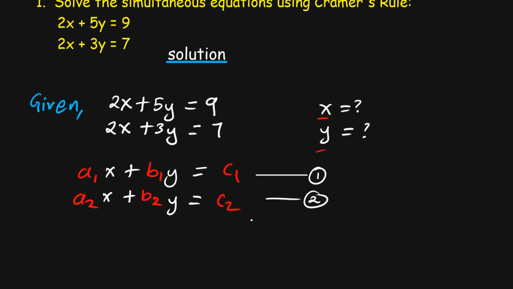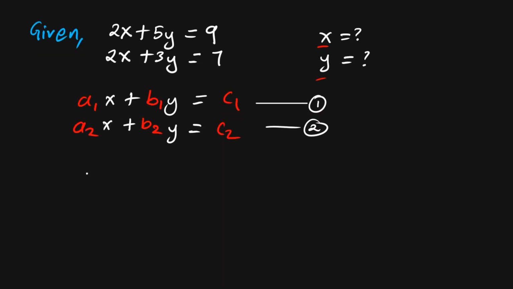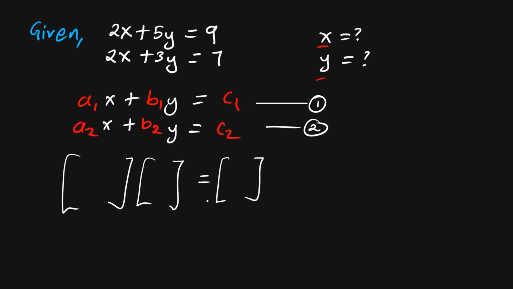They are both linear equations, and from linear to matrix form or compact form, this is the same as the matrix [a1 b1; a2 b2] times [x; y] equals [c1; c2].